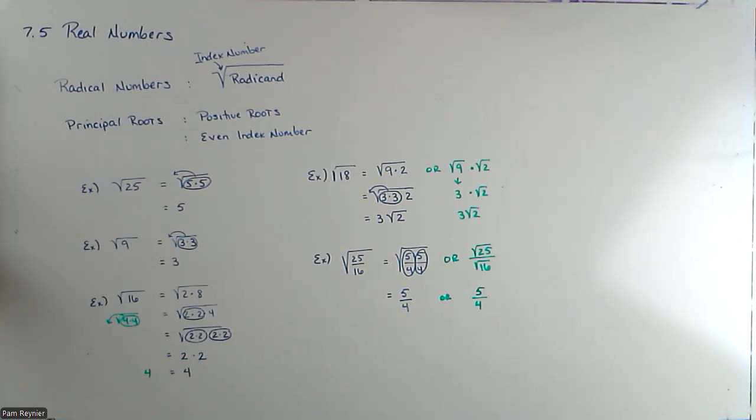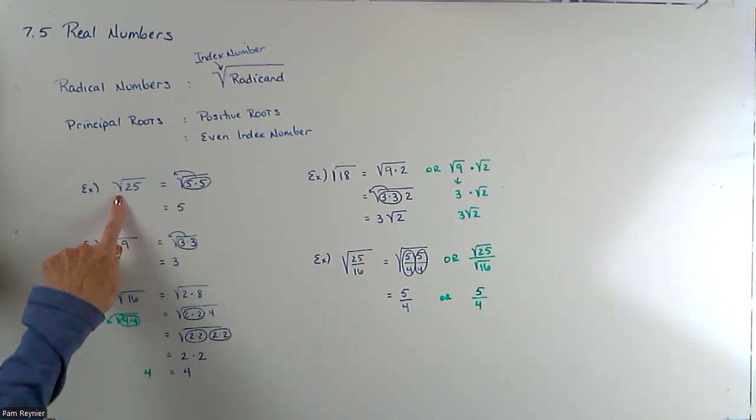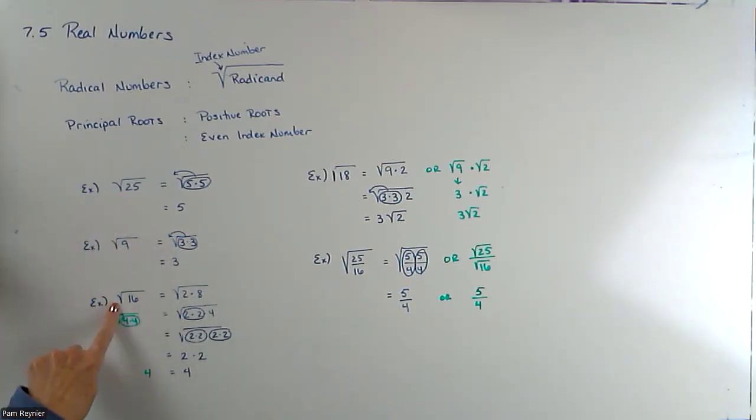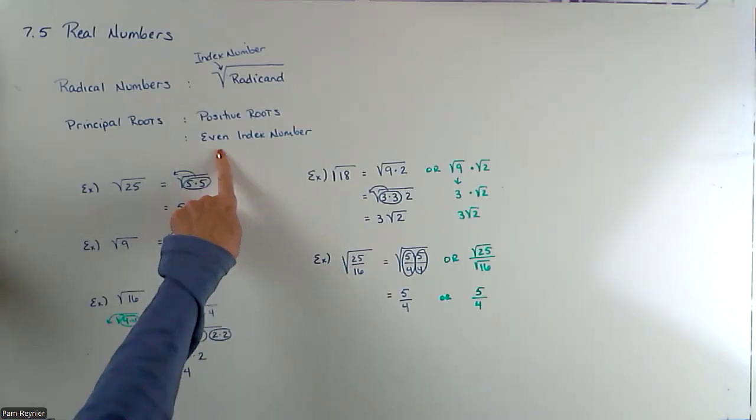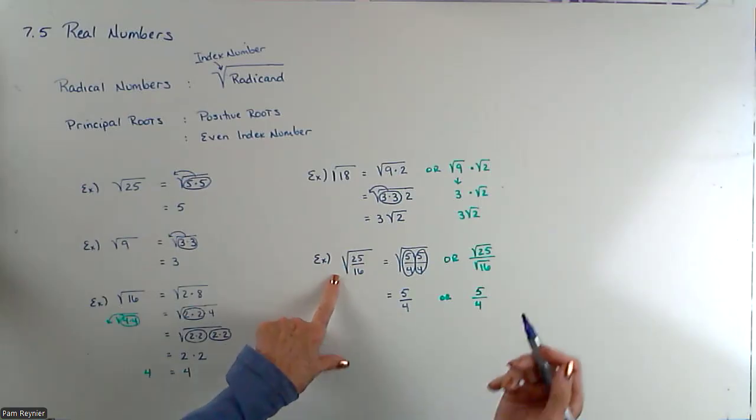Okay. Now, more advanced, right now, notice the radical sign is in the problem to begin with. So therefore, I have the principal root because the index number is even. These are all square roots.